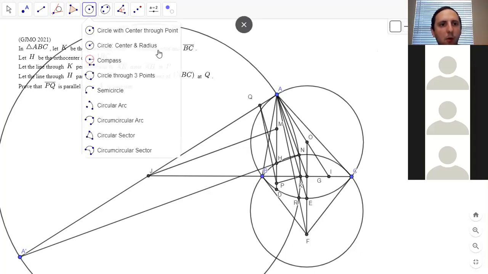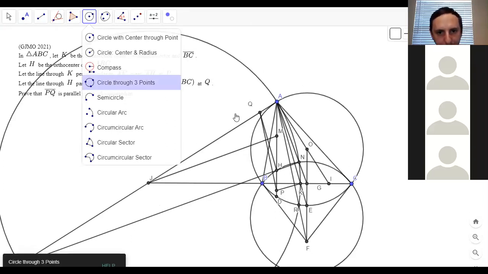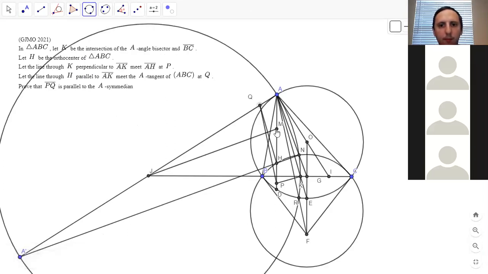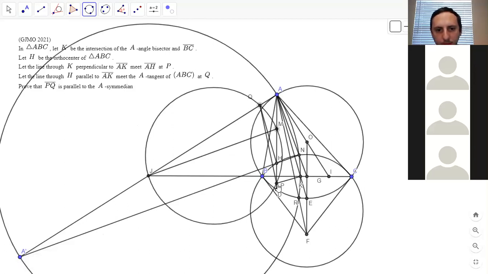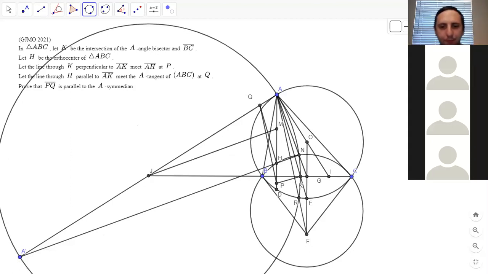All right, so we want to show QMPJ is cyclic. You could try to show AQ times AJ equals AM times AP.